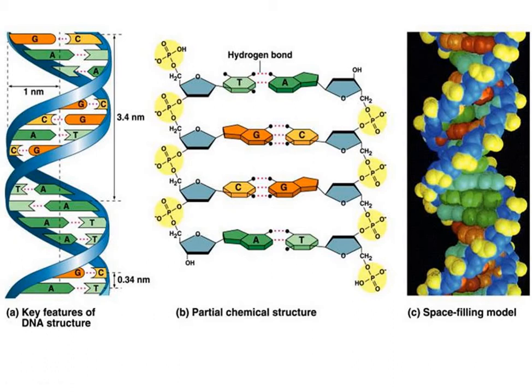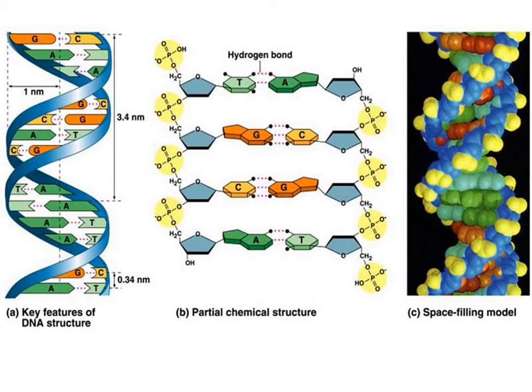The nitrogen base is attached to the carbon 1 position of the sugar. This is the carbon 1 position of the sugar, and this is the carbon 1 position of the sugar of the opposite strand. Now this is the 9th position of a purine molecule, and this is the 3rd position of a pyrimidine molecule. Always the hydrogen bonds to form a nucleoside, they are attached in this formation only.